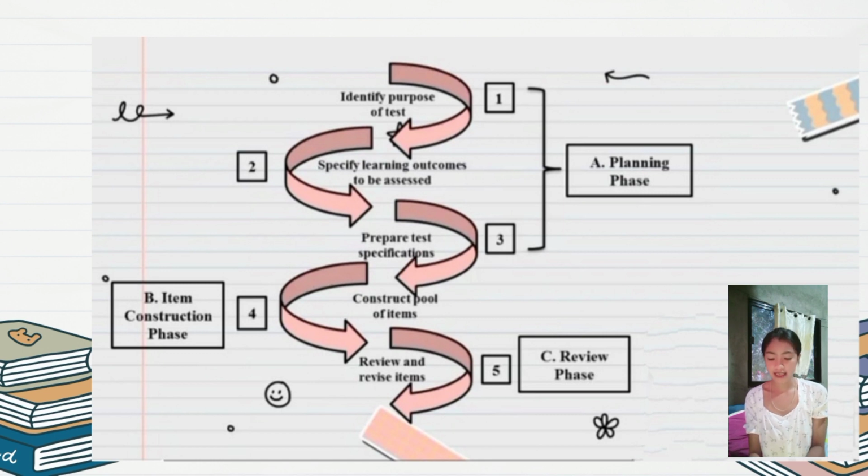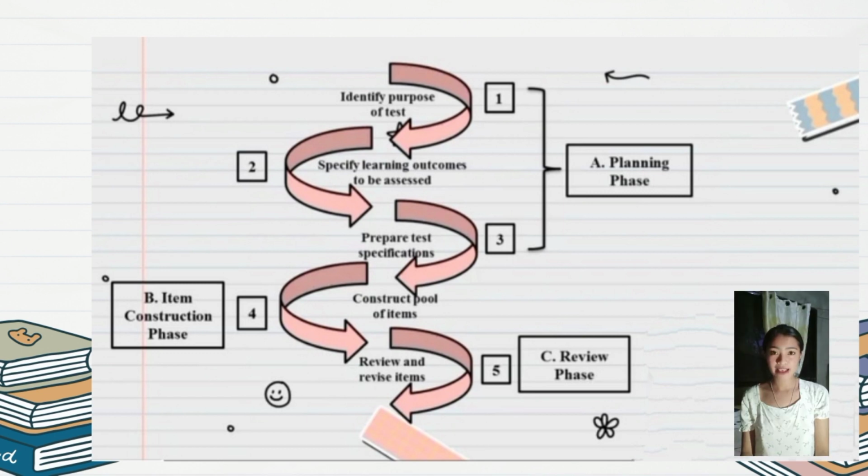First is the planning phase, where the purpose of the test is identified, learning outcomes to be assessed are clearly specified, and lastly, a table of specifications is prepared to guide the item construction phase.